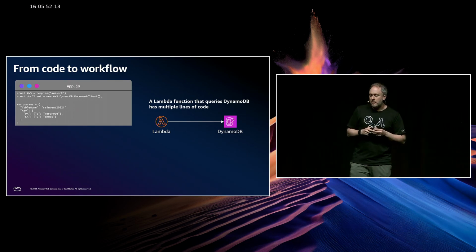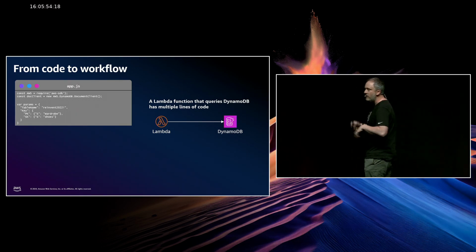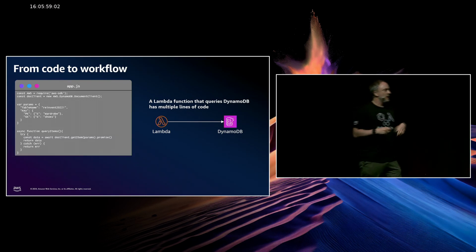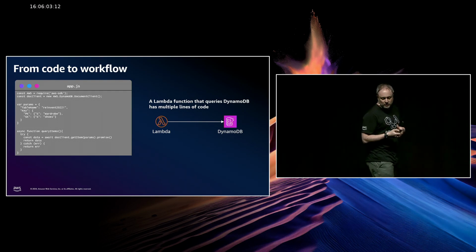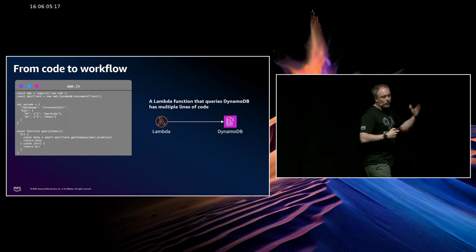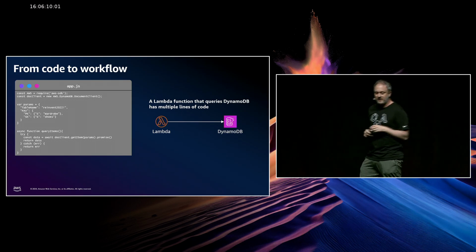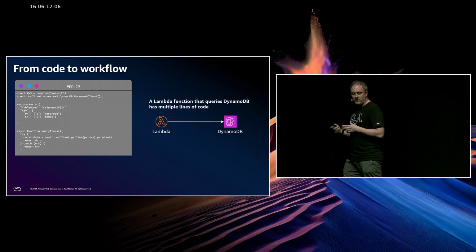Then I'm going to set up my params object for my SDK call, things like the table name, the partition key, the sort key. Then I'm going to set up my query items function, right? I'm going to create a try-catch block. I'm going to promisify the call using the .client to get an item from DynamoDB using the parameter that I set up, and I'm going to catch and return any errors.